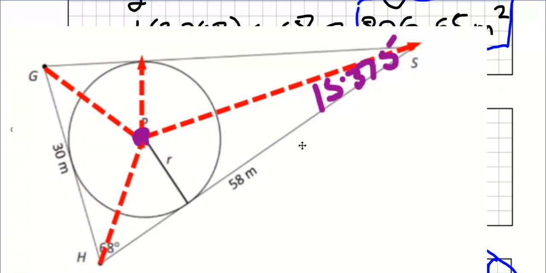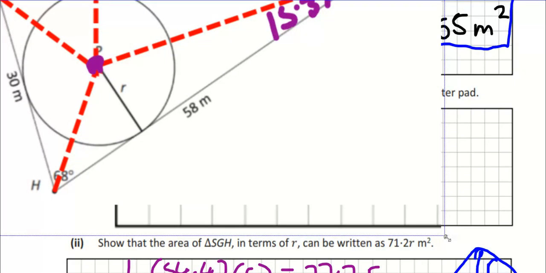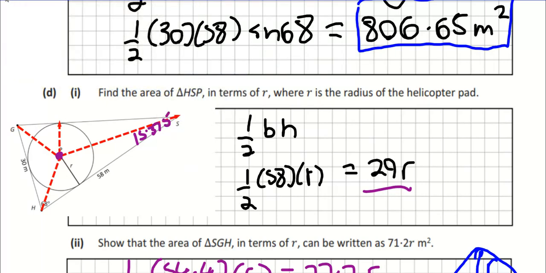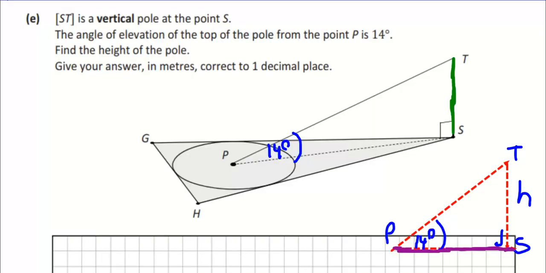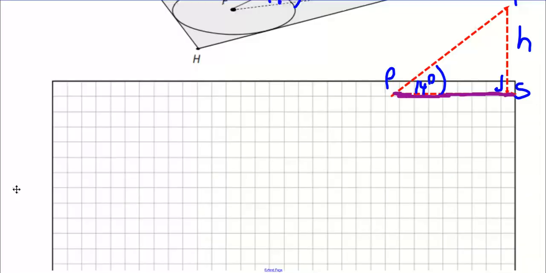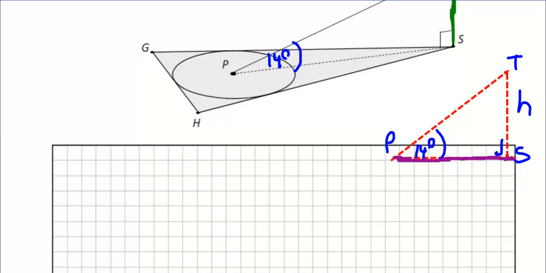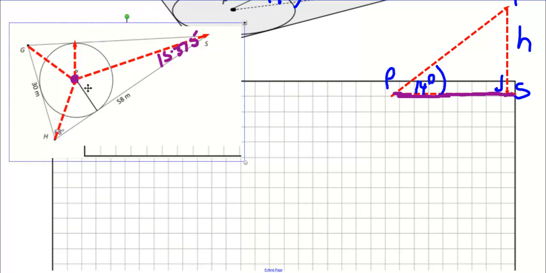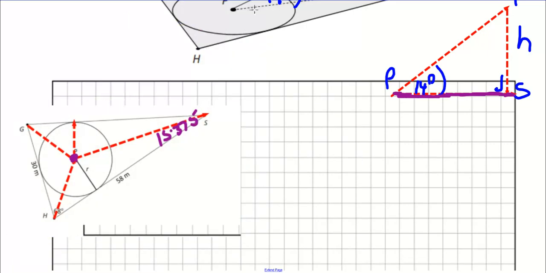I'm just going to grab this triangle here and cut it. Now, you probably saw me over here a minute ago looking at this diagram. What I was trying to do was figure out what P to S is. So if I paste this here, you can see that P to S is this green line here. That's what P to S is.